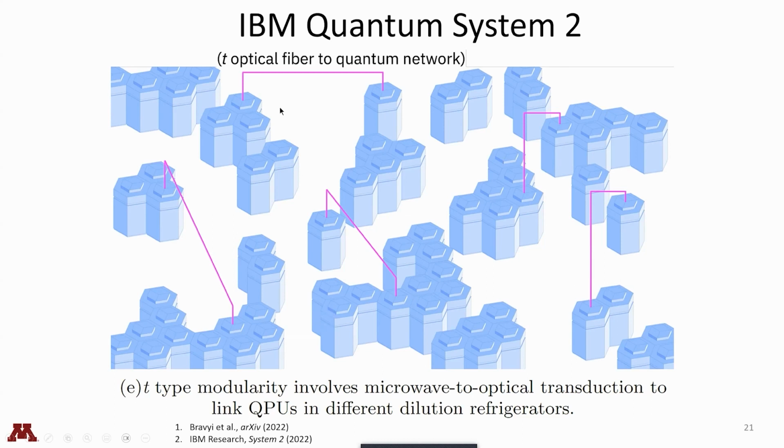And instead of having a bunch of classical servers here, you would have a bunch of networks interlinked together using, in this case, microwave to optical transducers and optical fibers to connect all of these actual quantum computers.